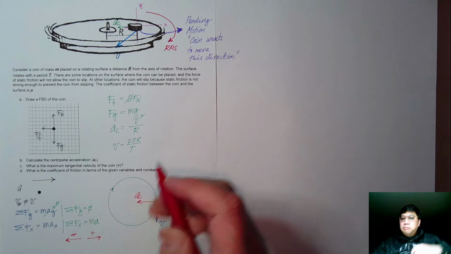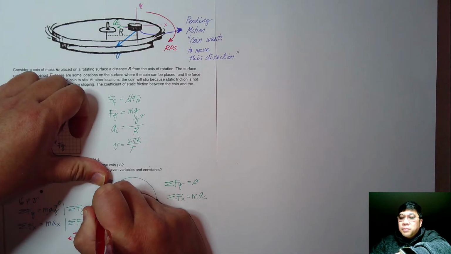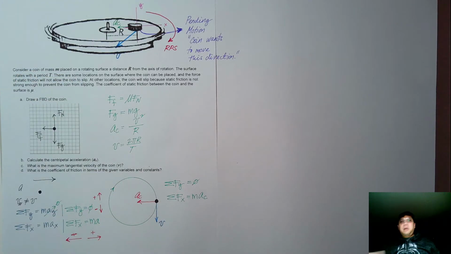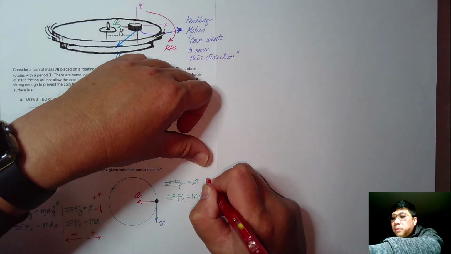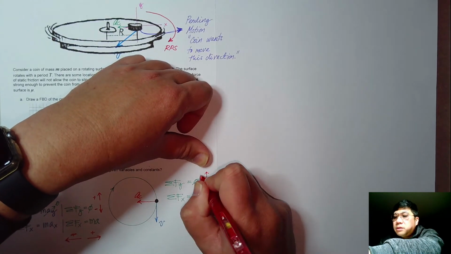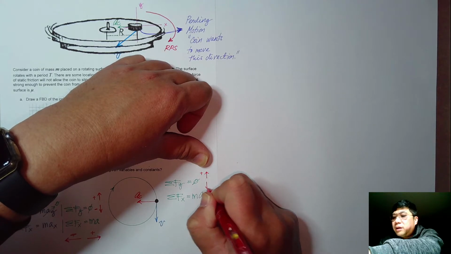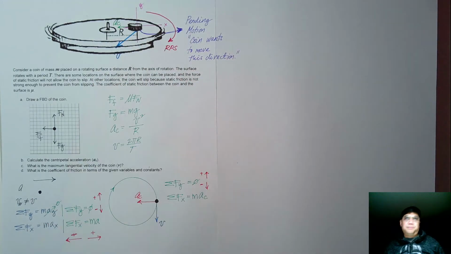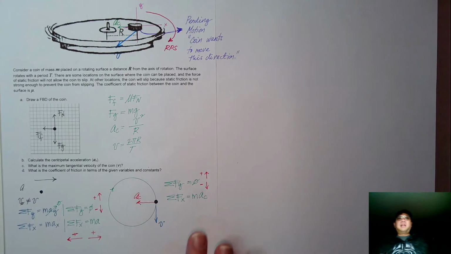Anything going upward is positive, anything going downward is negative. In our case right here, anything going upward is positive, of course. Anything going to the left is negative, just for this scenario, which is called the horizontal plane, horizontal circular motion. There will be another one which is vertical, and the way we analyze it will be different.